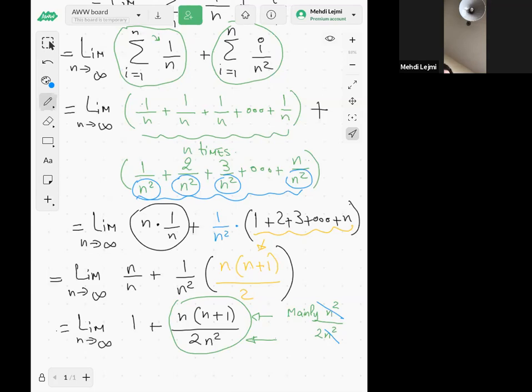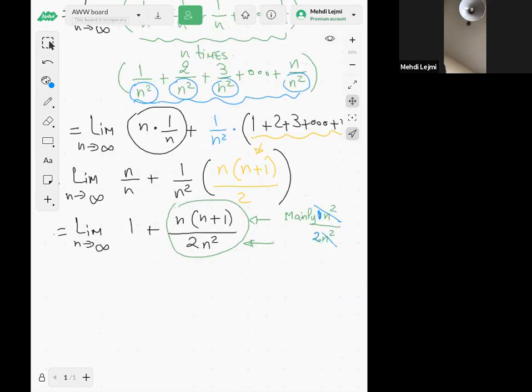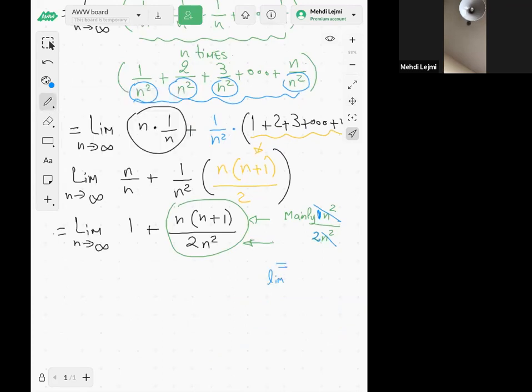So here we have 1 n squared, and in the denominator we have 2n squared. So the limit as n goes to infinity would be the ratio, 1/2. So the limit here would be equal to half. So anyway, the answer would be 1 plus 1/2, and that will be, of course, 3/2.